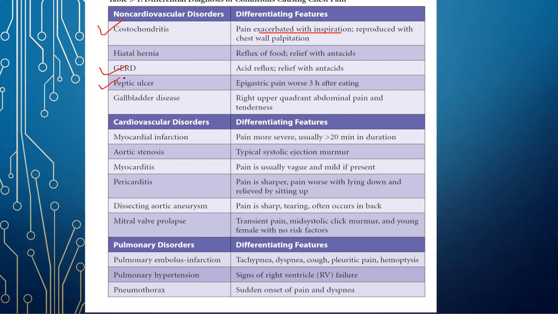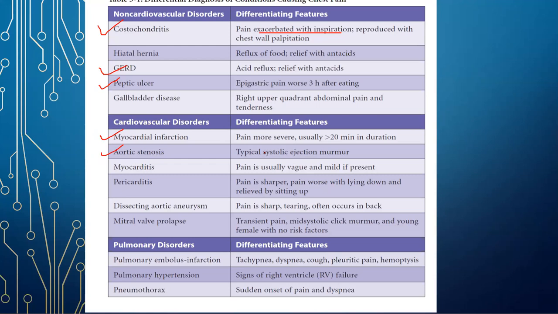Peptic ulcer, again, it will be epigastric pain which gets worse after eating. Gallbladder disease, not very important for you at the moment. Myocardial infarction, we know, we will discuss more about it.